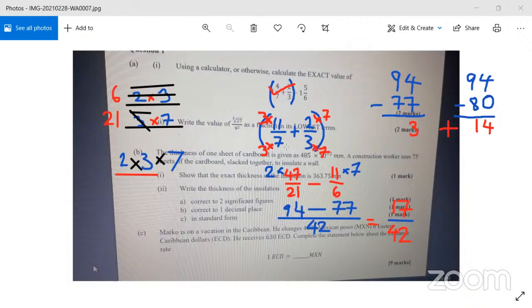So that should take care of things, right? We dealt with these two that were paired together first, right? From this, we got 47 over 21. We got, was it 47?